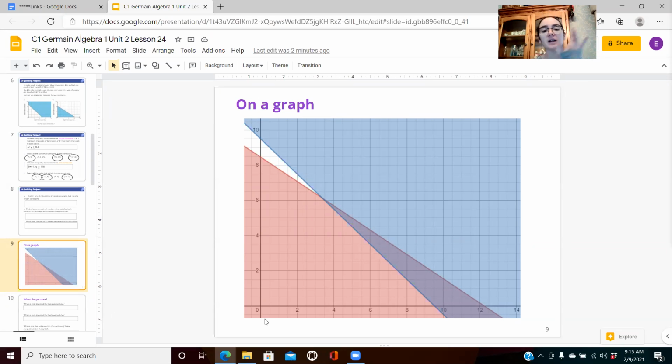So what do we think about this? I have a question. If we're talking about a solution to a system of inequalities and thinking about what we know about a solution to a system of equations, would this only blue region be a solution to the system of inequalities?